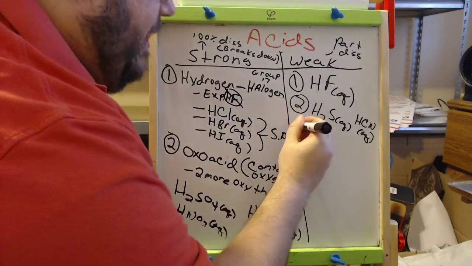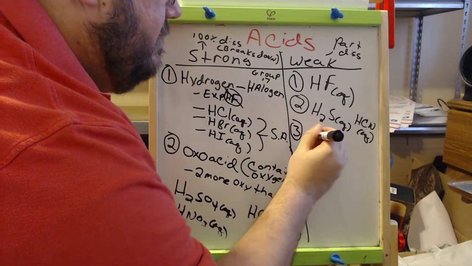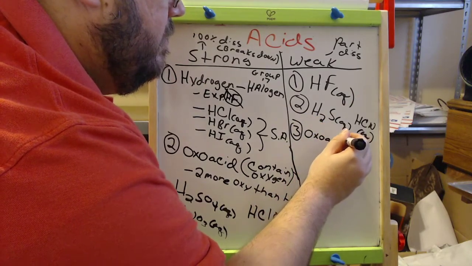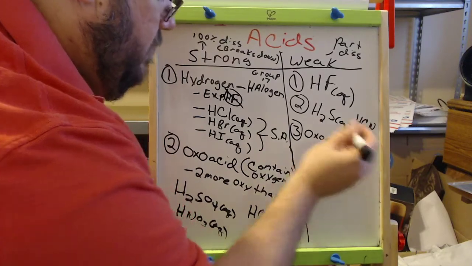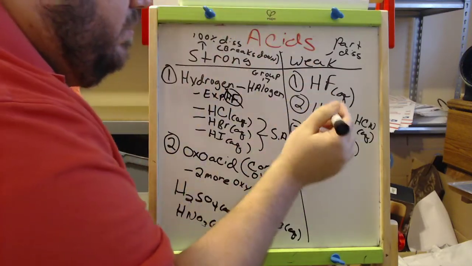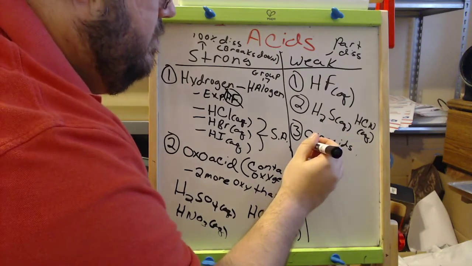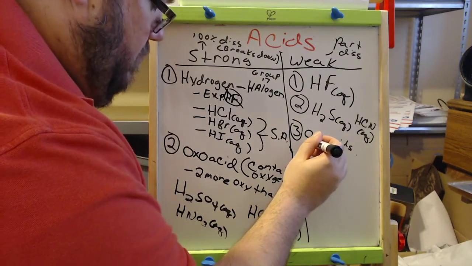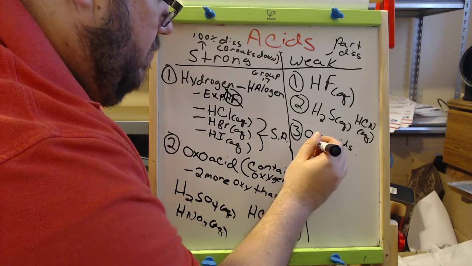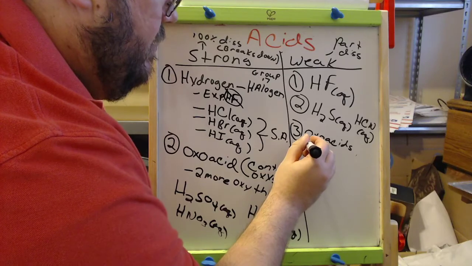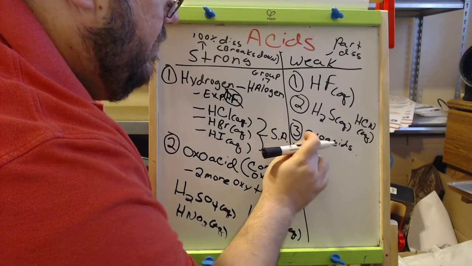Number 3 is my oxoacids that don't follow the rule. We'll put a line here and we'll just say it has less than 2 more oxygens than hydrogens.